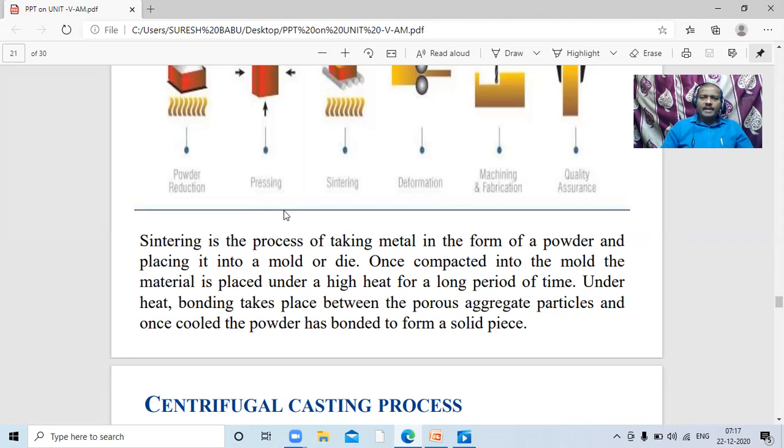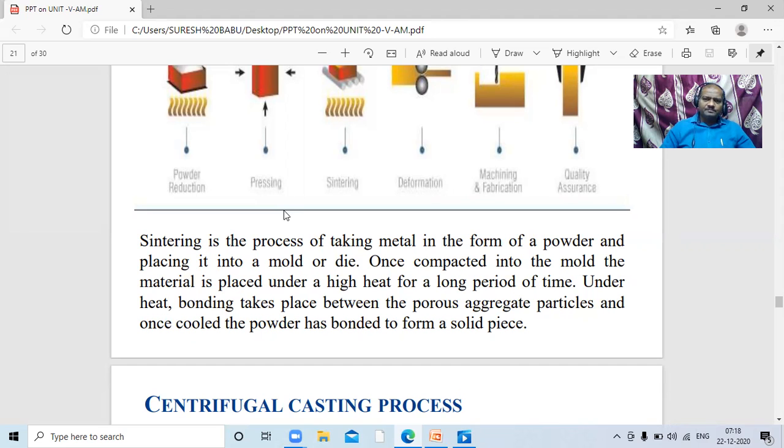Once compacted in the mold, the material is placed under a high heat for a longer period of time. By using this, we are going to remove unwanted materials, and we are going to bring purity in the workpiece. Thereby we are going to increase the performance.